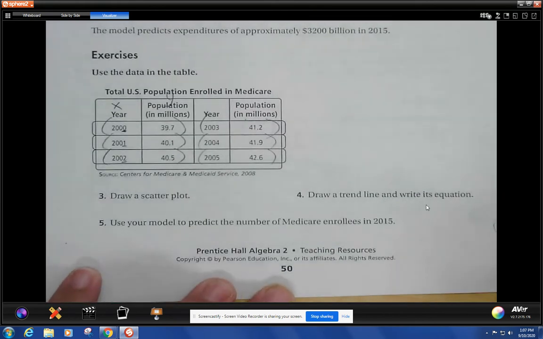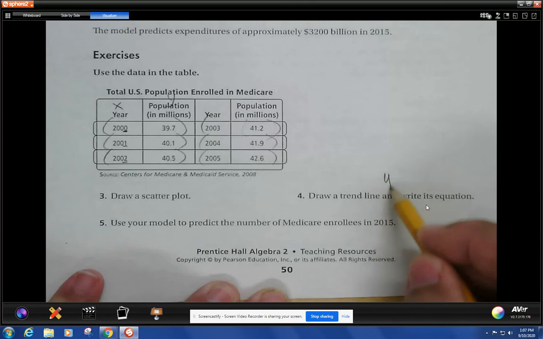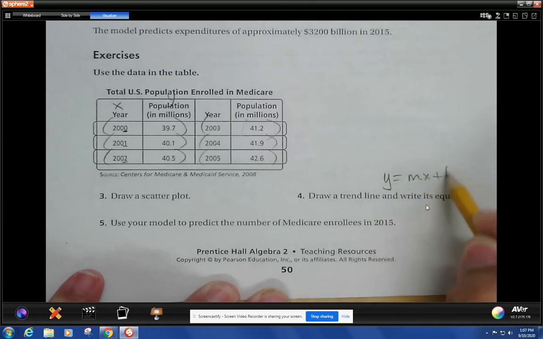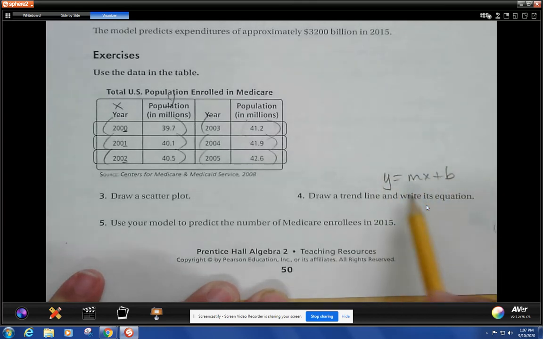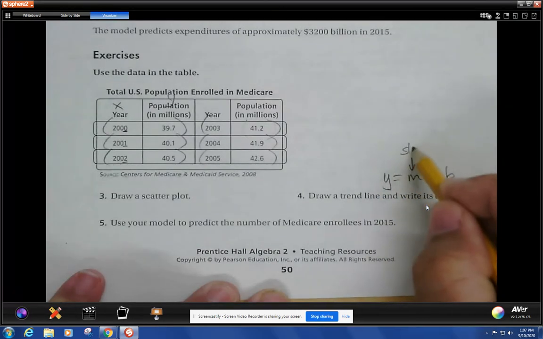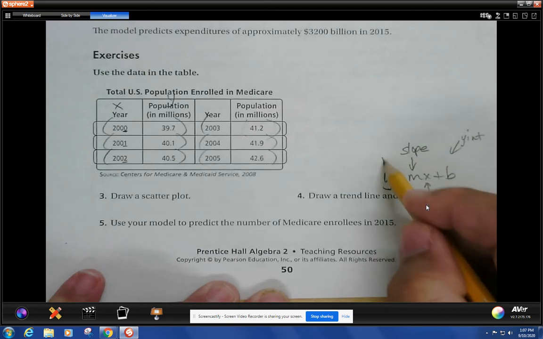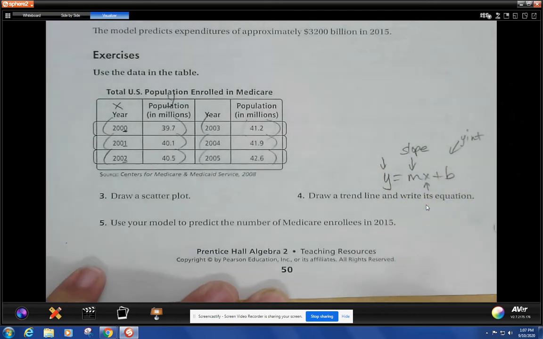An equation, something we've used quite a bit, slope-intercept form, is y equals mx plus b. So every equation has this basic stuff within it. Well, what does it have? It has a slope, and it has a y-intercept, right? And it has an x coordinate and it has a y coordinate, really.